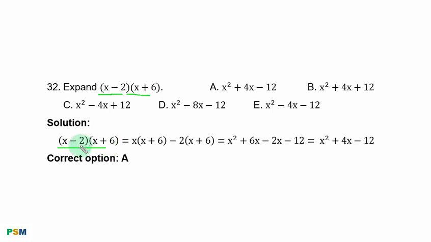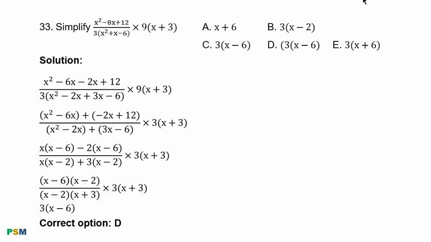I'm using the first bracket to multiply the second bracket. That is the first term s times second bracket, minus 2, the second term, times second bracket. You have this result and this result. The correct option is A.